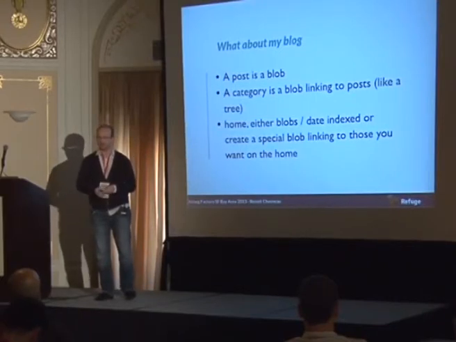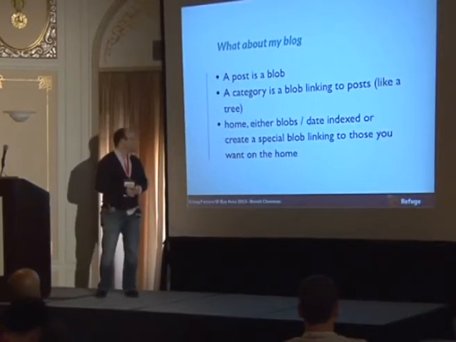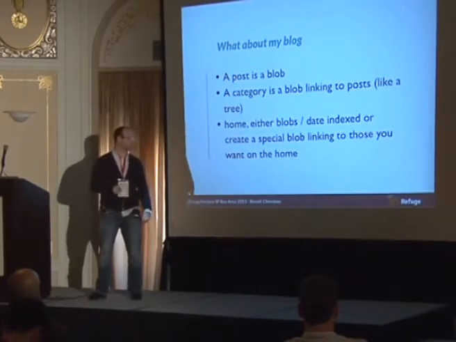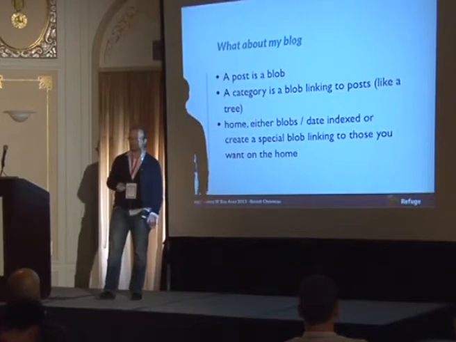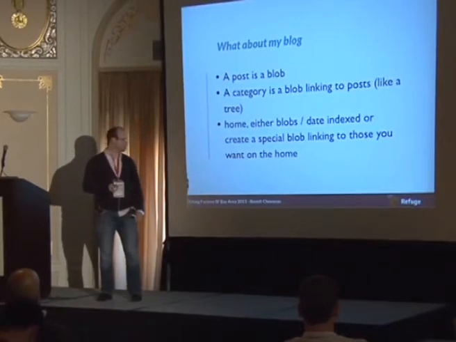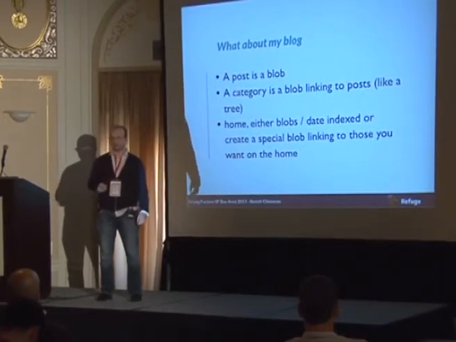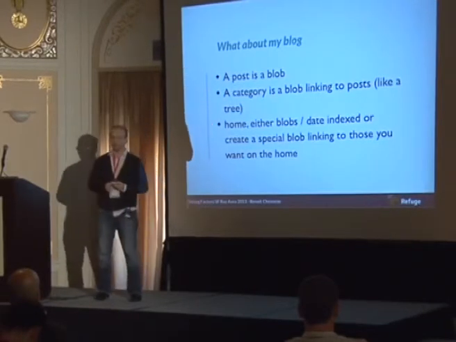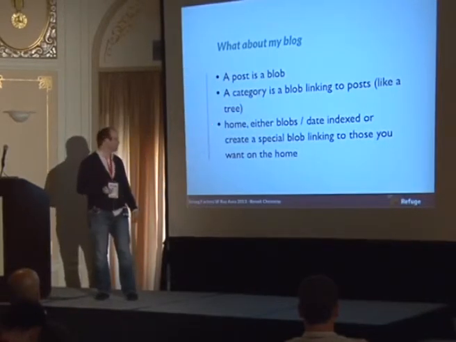Some hacker tool like Jekyll can do that. Or you can use an index, I will show you later how. Or you can retrieve, and this is totally optional, all the blobs by their date. You can list all the blobs by the date they have been uploaded on the store.